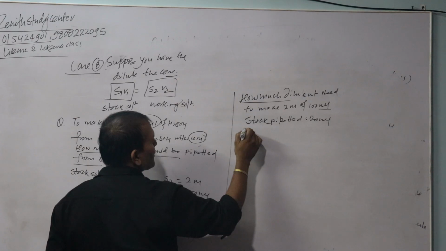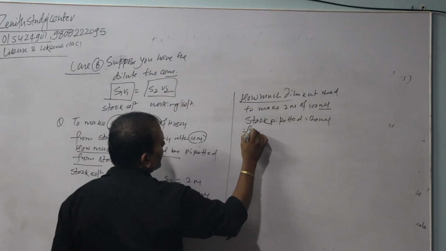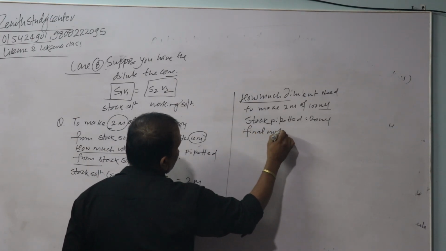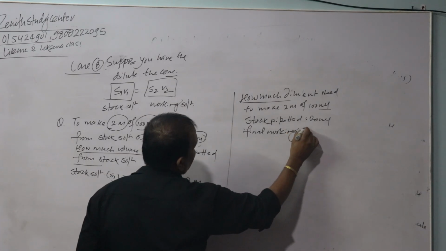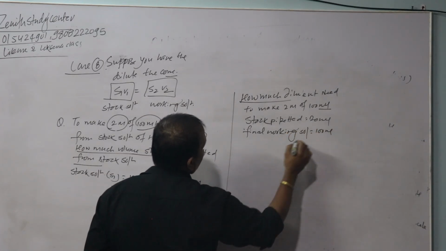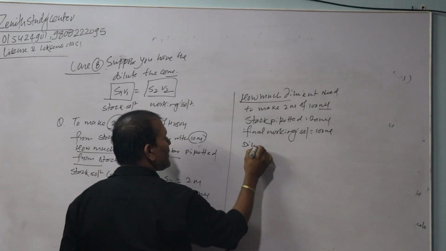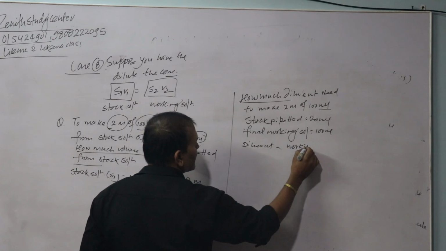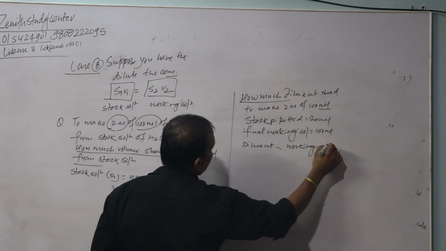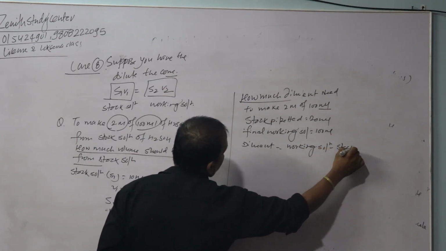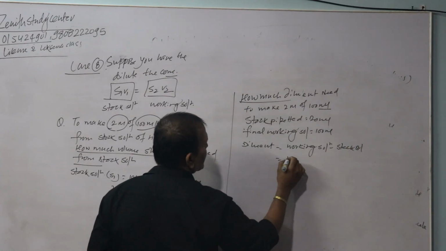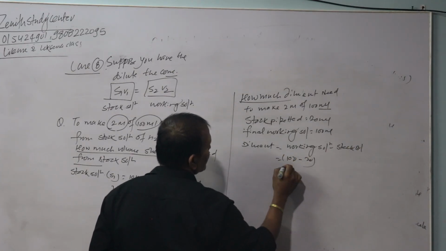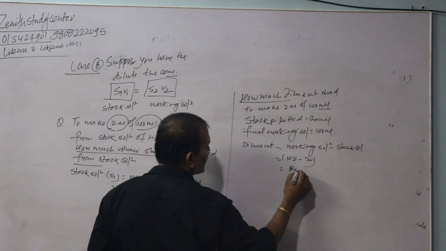What is the final volume, the final working solution? 100 ml. So what is the diluent needed? The diluent needed is equal to working solution minus stock solution, that is 100 minus 20. So we need 80 ml of diluent.